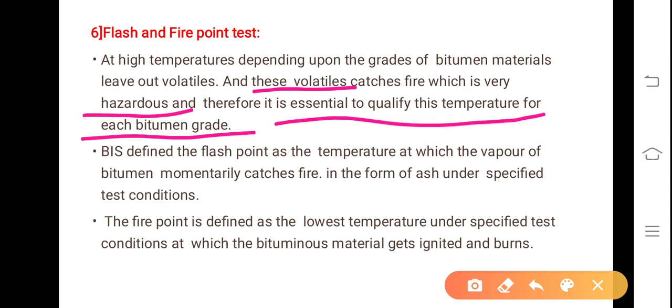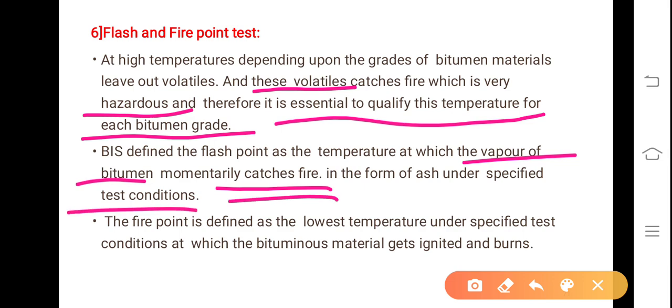The Bureau of Indian Standards defines the flash point as the temperature at which the vapor of bitumen momentarily catches fire in the form of a flash under specified test conditions.